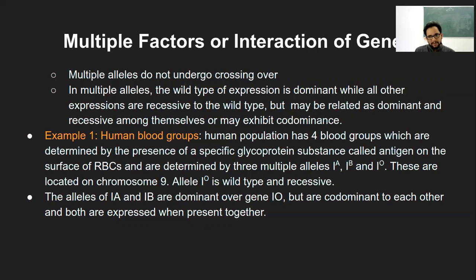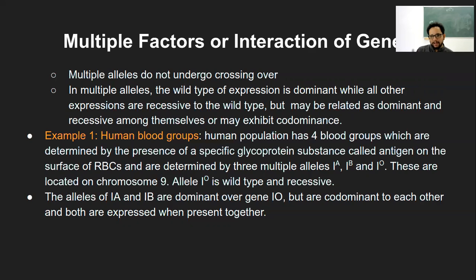Now the example of these multiple alleles is again the human blood group, right? We have more than 2 alleles which regulate the blood group system.